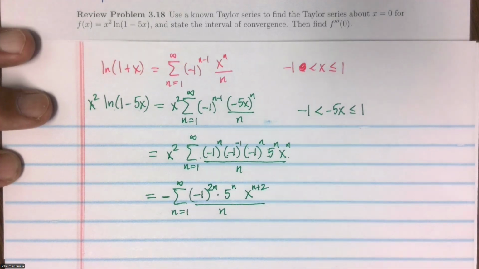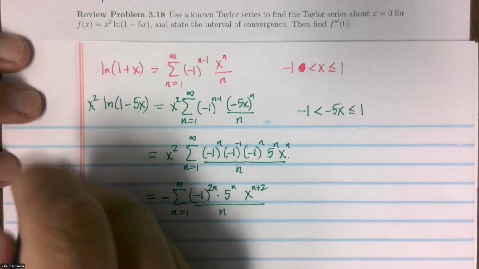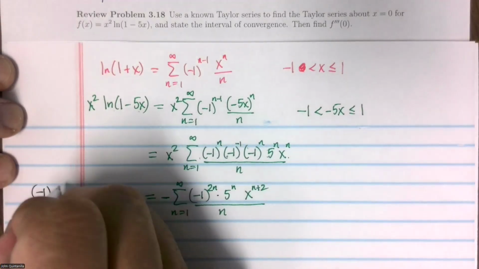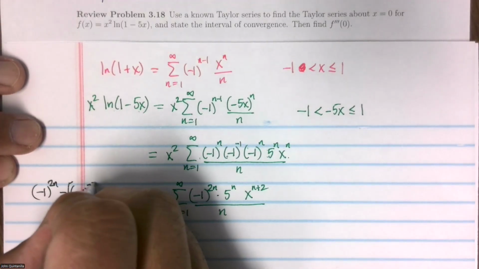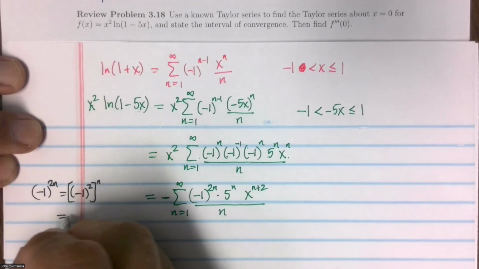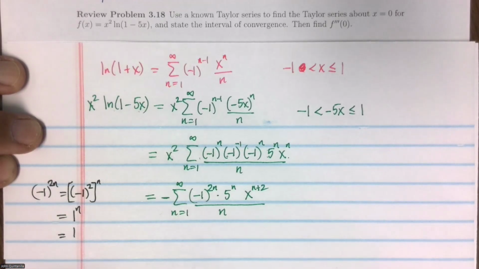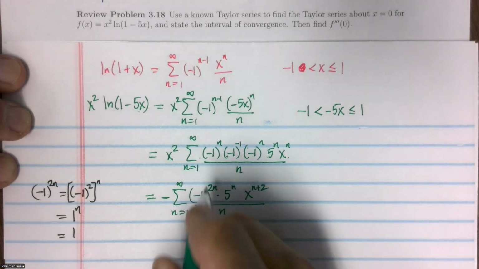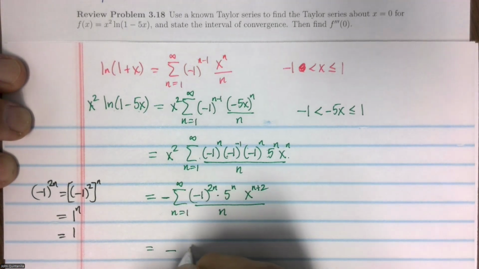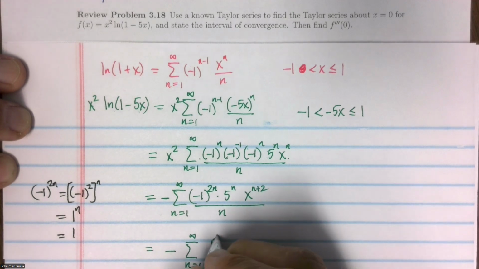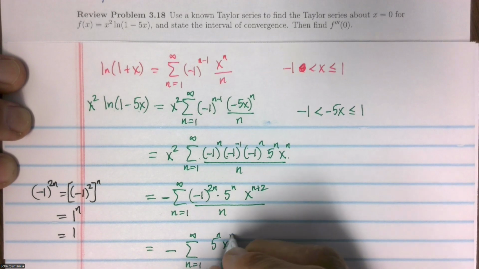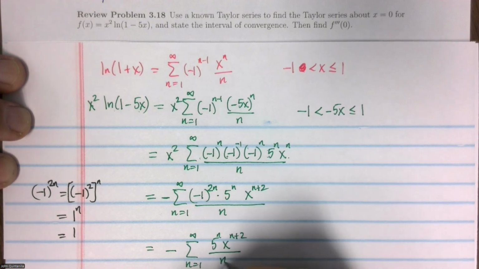To simplify, (-1)^(2n) is the same thing as (-1) squared to the n, which is 1 to the n, which is simply 1. And so I end up with just negative summation n equals 1 to infinity of 5^n x^(n+2) divided by n.